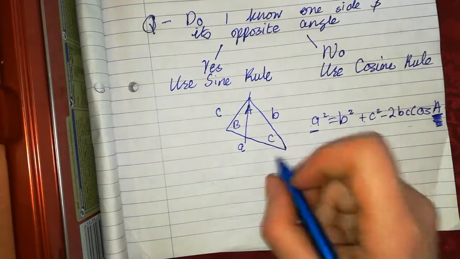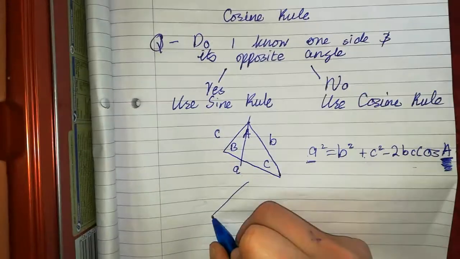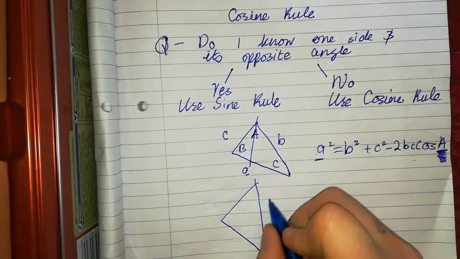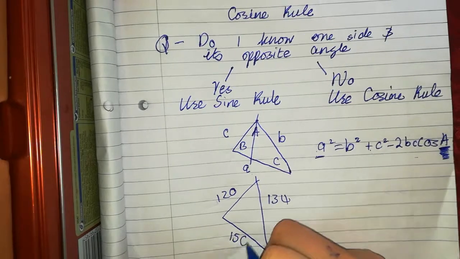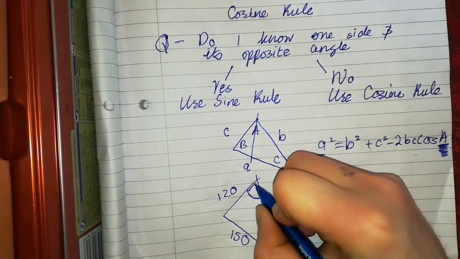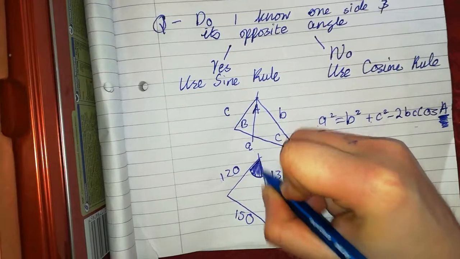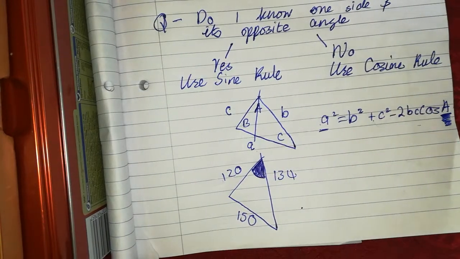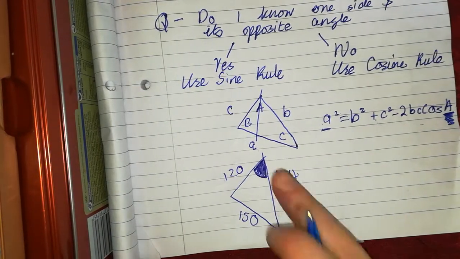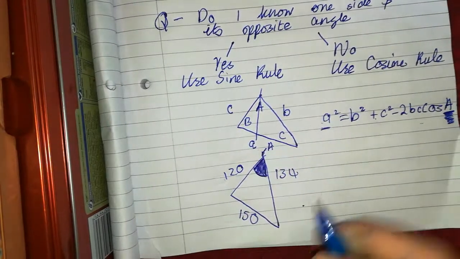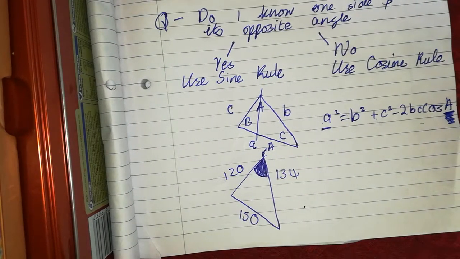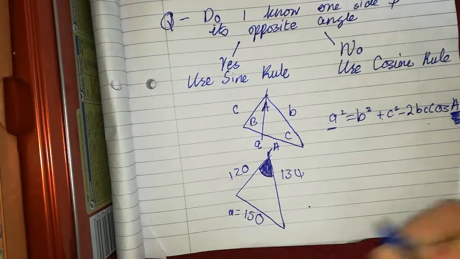So if we look at our diagram, we have 134, 120, 150. We're looking to get this angle here, so let's call this angle A. Then side A is the side opposite the angle, so A is equal to 150.